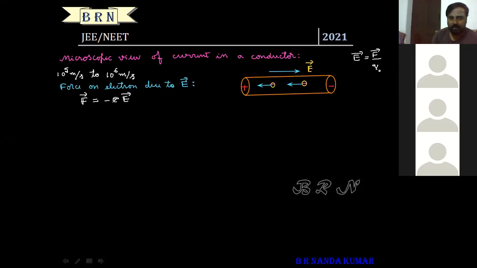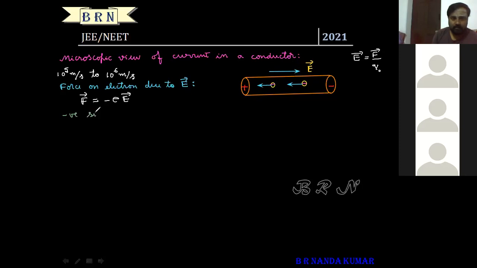Why minus e? The charge is e, and the minus comes because the electrons are moving opposite to the direction of the applied electric field.